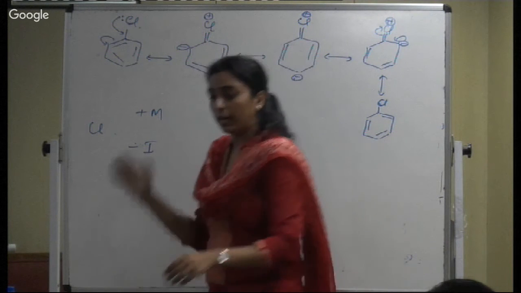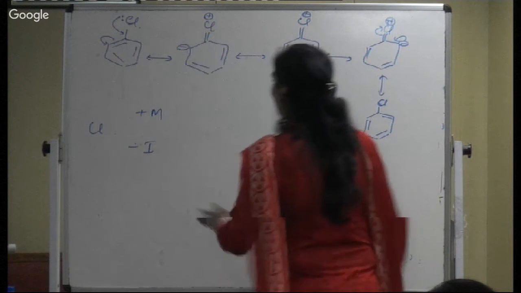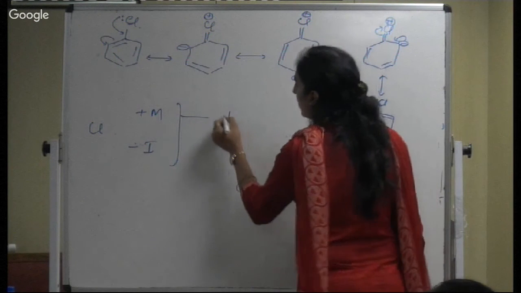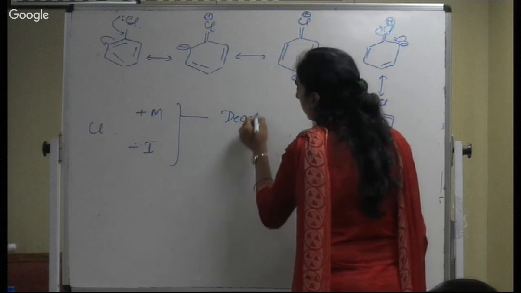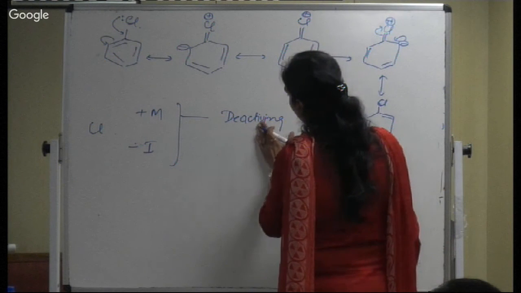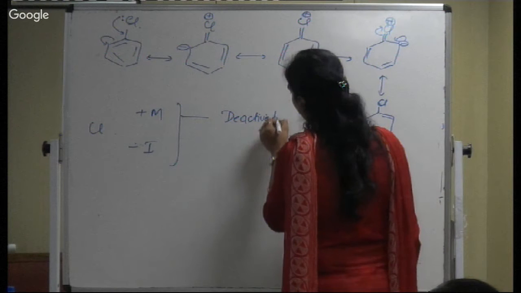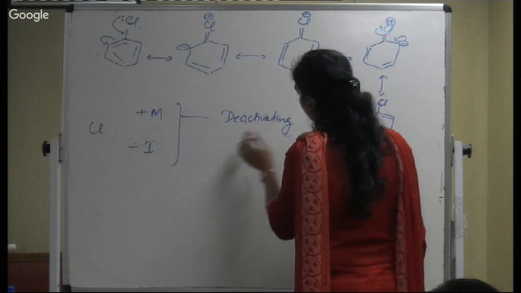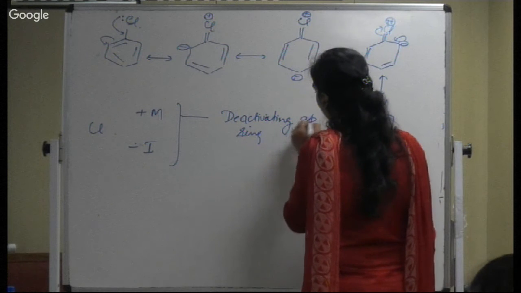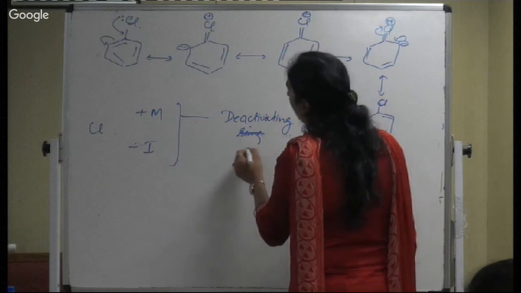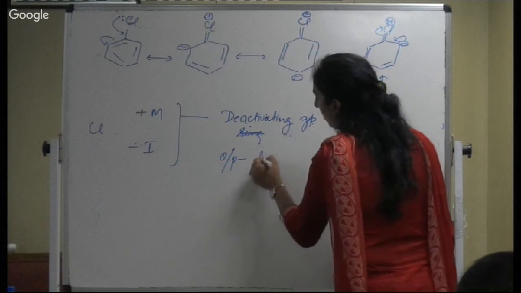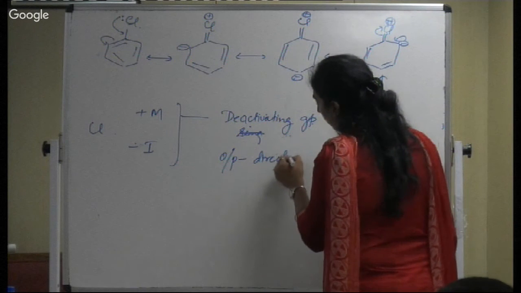Here the inductive effect will outweigh the mesomeric effect. So you actually see that chlorine is a deactivating group. Simultaneously the orientation would be ortho-para directing.